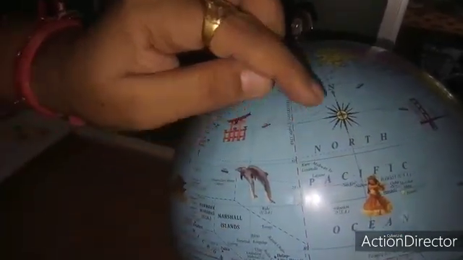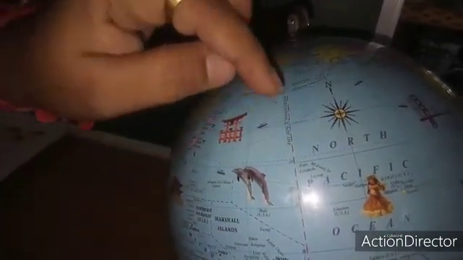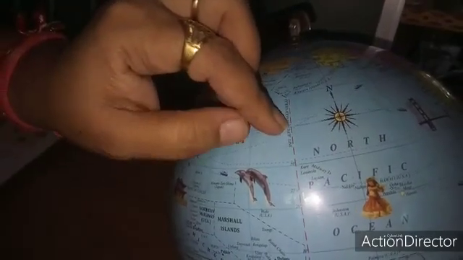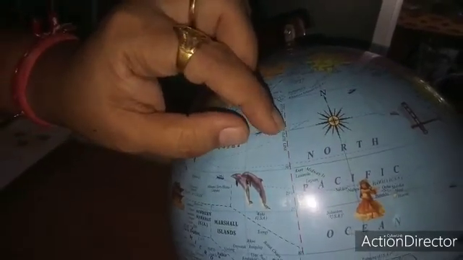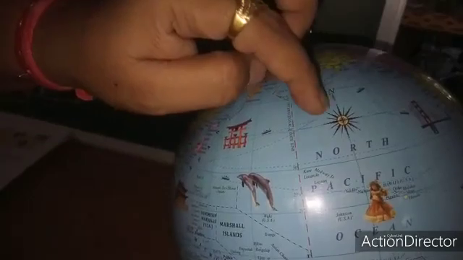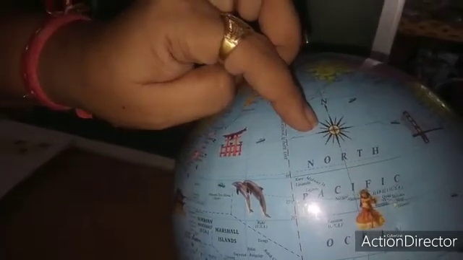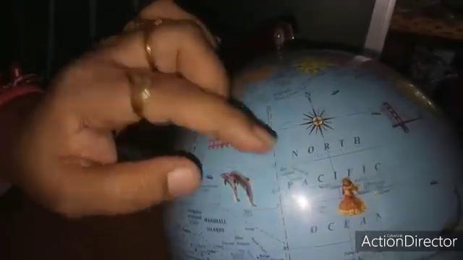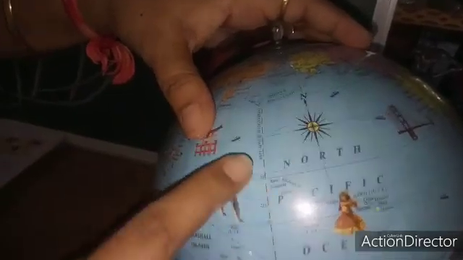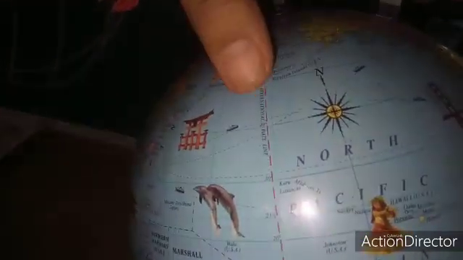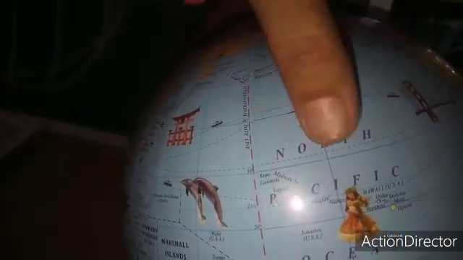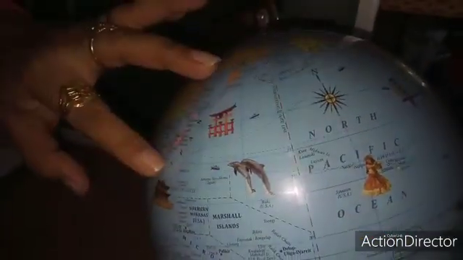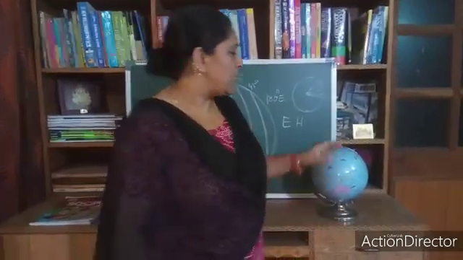So when the ship enters here, and suppose the ship is on Tuesday here, then after some time the ship will consider it as Wednesday. So this is the international date line. When something crosses here, a day is added. And something which crosses this side, a day is minus. Let me show you the international date line.